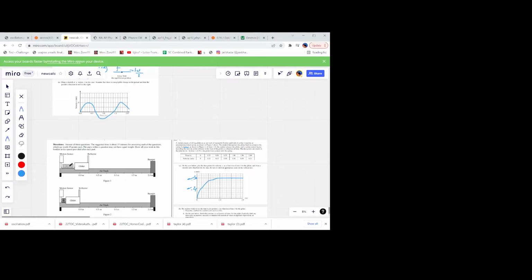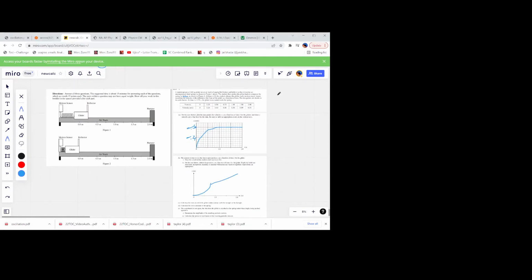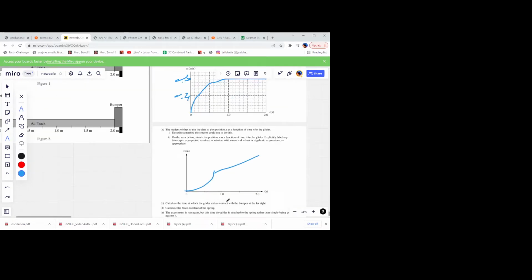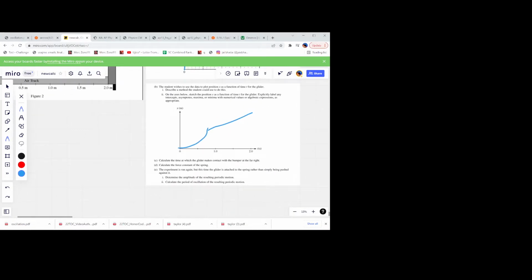I cannot for the life of me think where else it would be. My own graph is completely imprecise, so I would never know. But I guess it's at x equals 0.25.